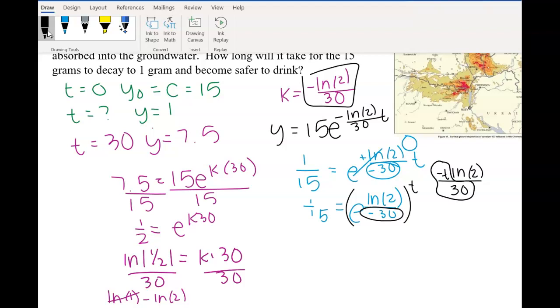I treat it like, oh, the negative t over 30 is sort of all one grouping being multiplied by the ln of 2. So I'm going to bring it all up as my power. So I have 1 over 15 equals e to the ln of 2 all to the negative 1 over 30 t.